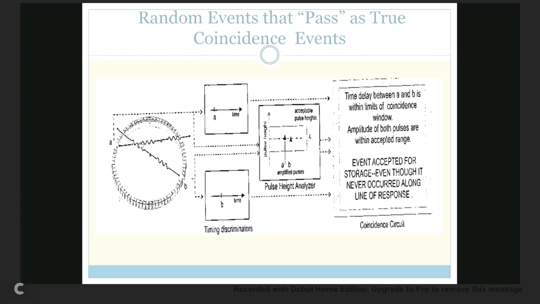That coincidence time frame is set by the machine. Does that make sense? Okay, so it got accepted, and it occurred along the line of response. So those counts were counted. Okay.